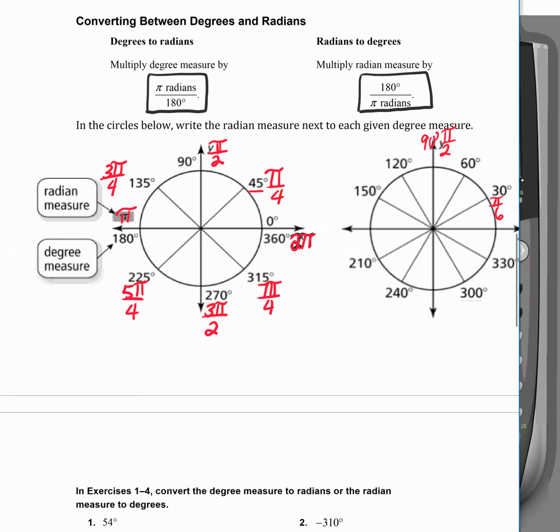So I go 2 pi over 6 for 60, which simplifies to pi over 3.